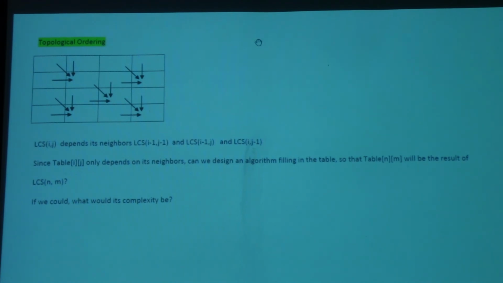Say it. 1. Can I fill in this cell right now? Yes, because I have this one, I have this one, and I have this one. So, what's the complexity? How about this? How about this?